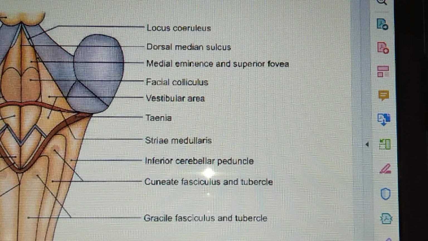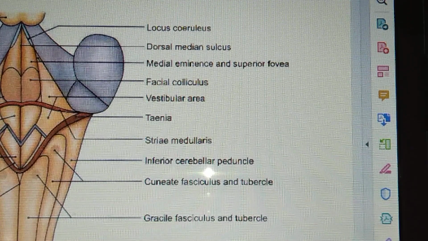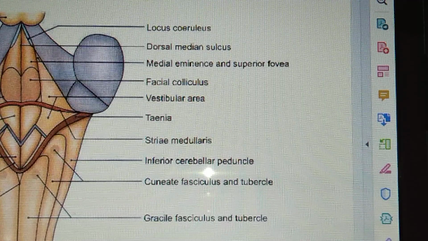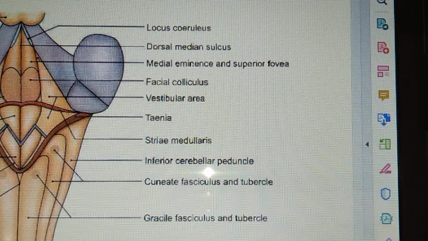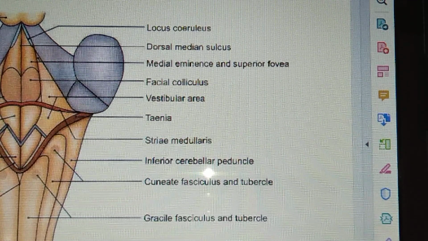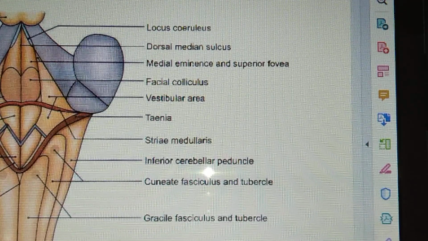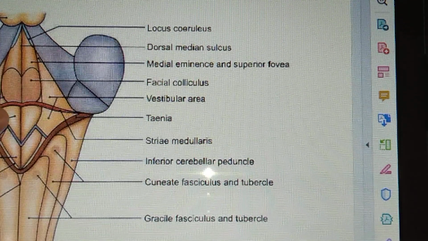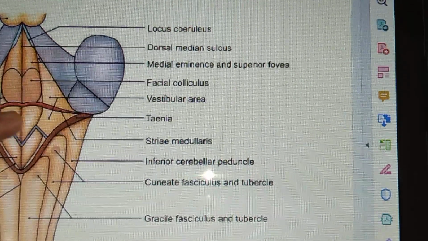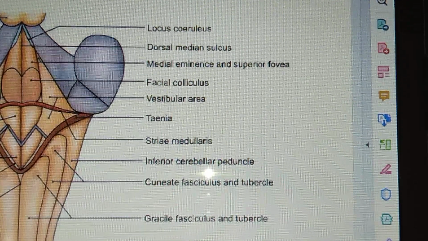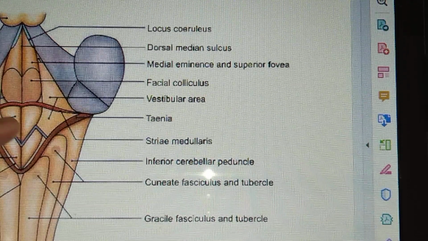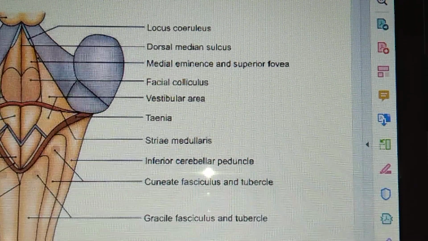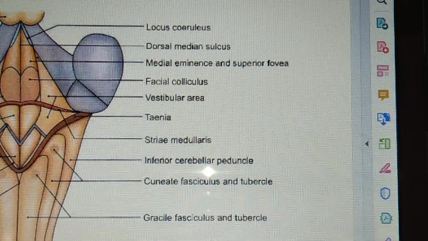We have seen this in the transverse section of the pons. The hypoglossal triangle occupies the lower narrow part of the eminence, and beneath this triangle lies the hypoglossal nucleus.